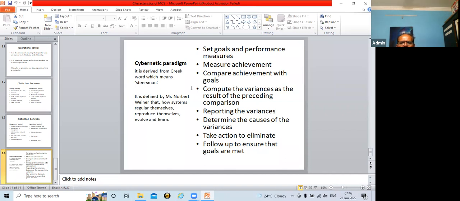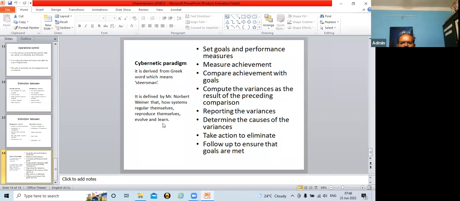Now, Norbert Wiener defined how systems regulate themselves, reproduce themselves, evolve, and learn. So this is all about systems. Now let me tell you, no system is perfect.